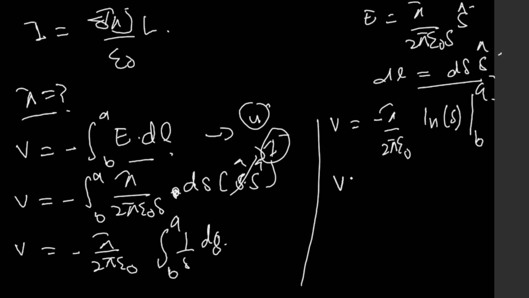We get minus lambda divided by 2 pi epsilon naught, and by putting in the limits, we get ln of a minus ln of b.